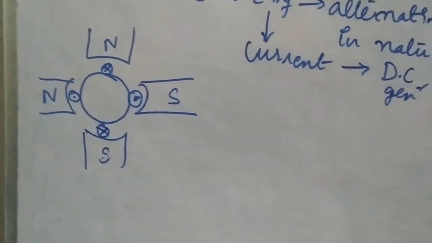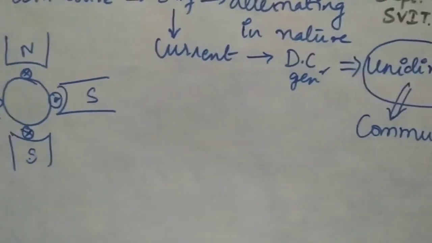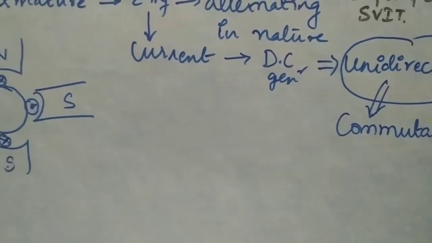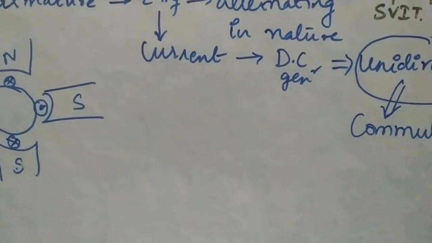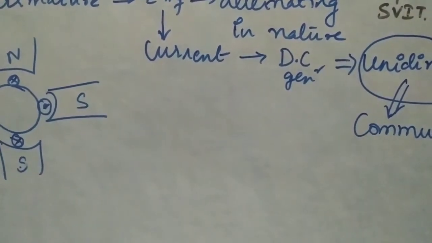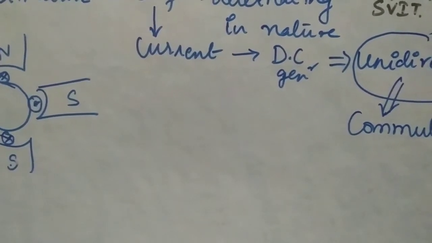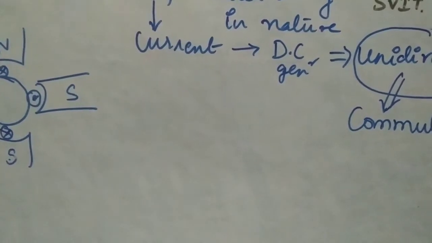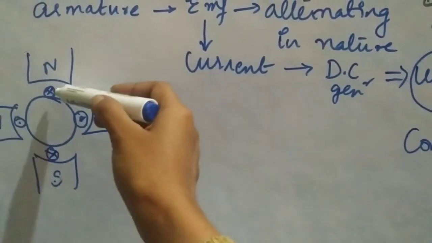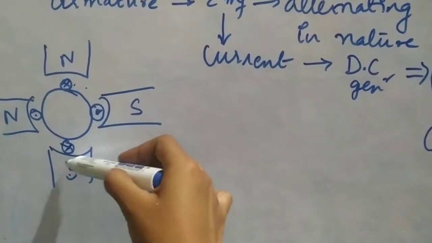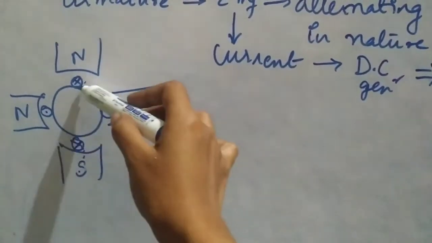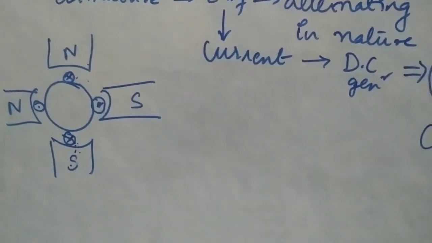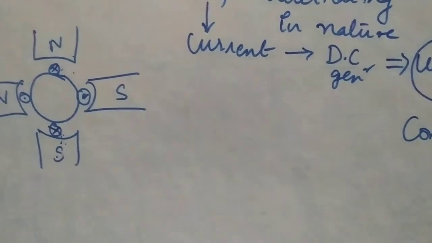Here you will find that when the armature conductors are under the influence of one pole, they carry the current in one direction. When the same conductor comes under the influence of another pole, it should change its direction.